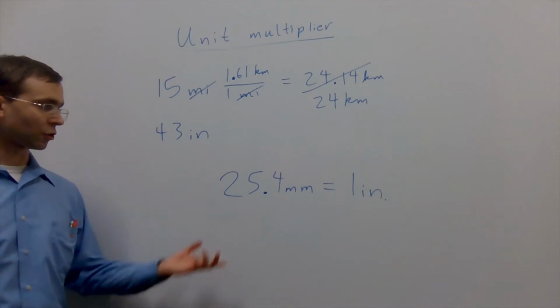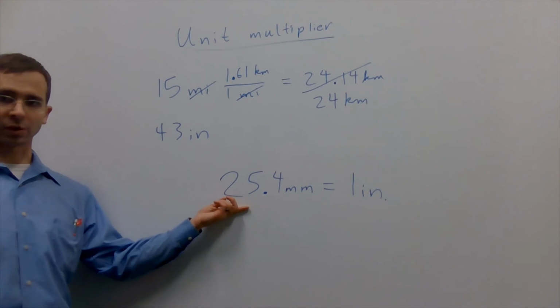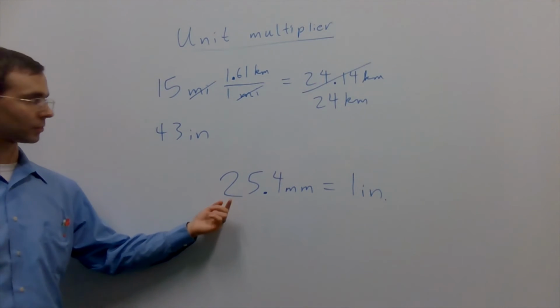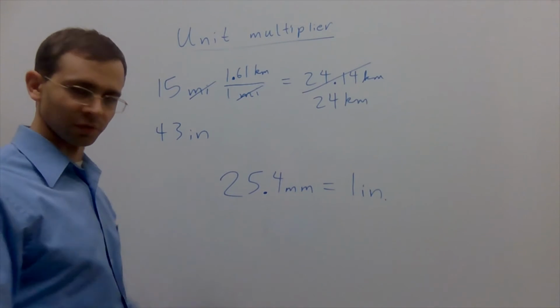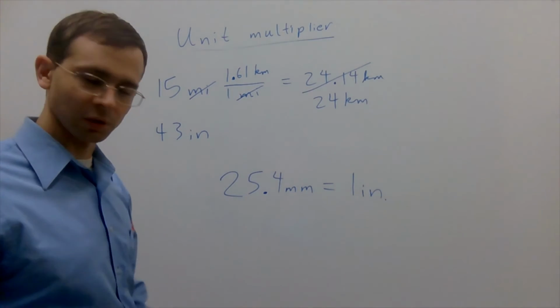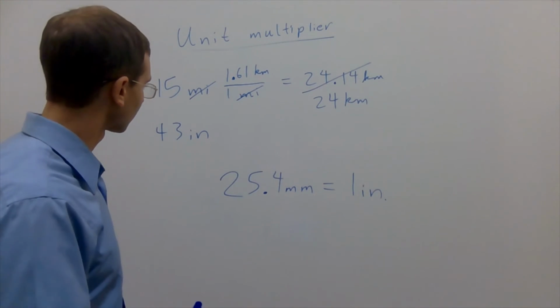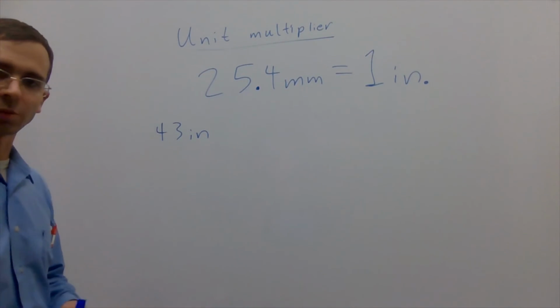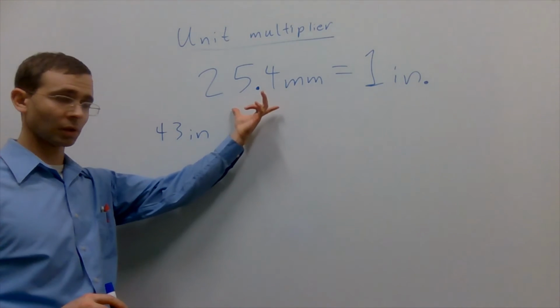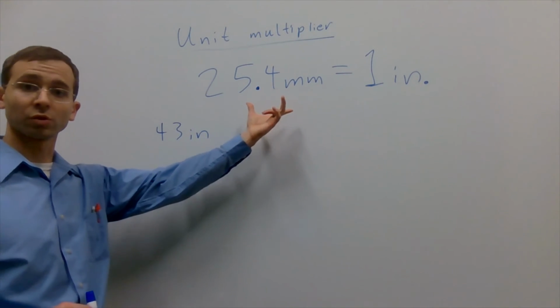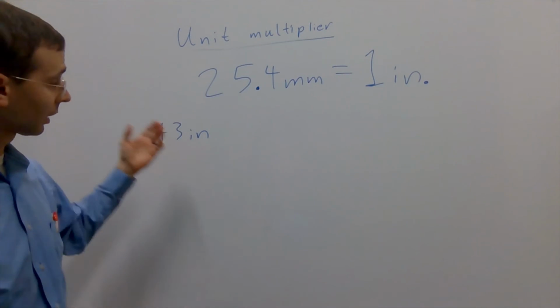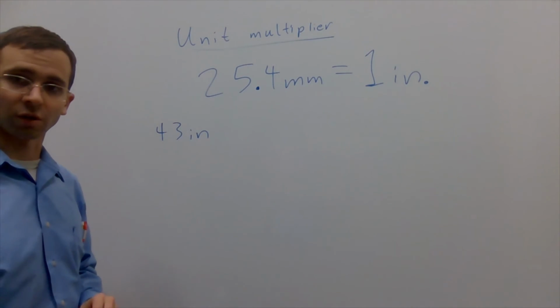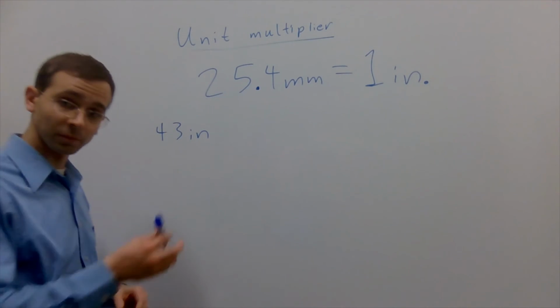Some people memorize 2.54 centimeters per inch. It's equivalent, right? But this one's very useful as millimeters is sort of a baseline for many of our measurements and so forth. All right, and then this 43 inches serves as an opportunity both to use our new conversion here, this one that we should commit to memory, and practice our unit multiplier procedure.